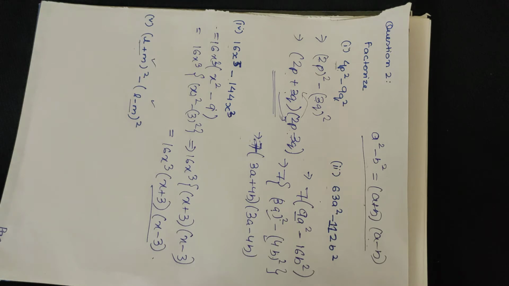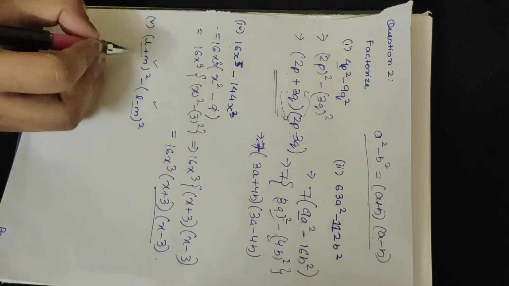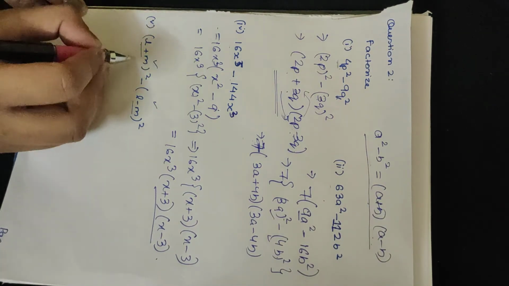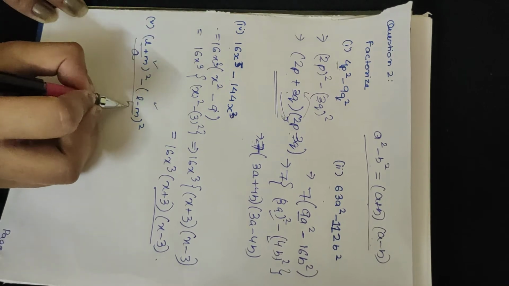So how are we going to do this sum? This is question number 2 part 4. In question number 2 part 4, you see we are going to use the a square minus b square identity. So if we apply this one, consider this as a and this as b.